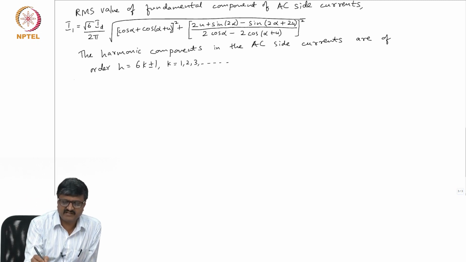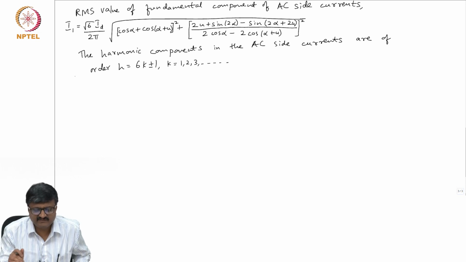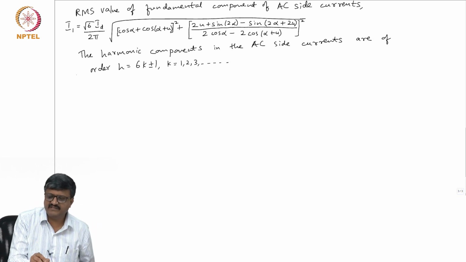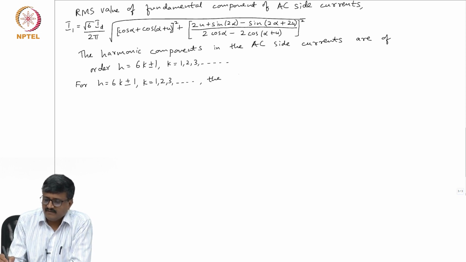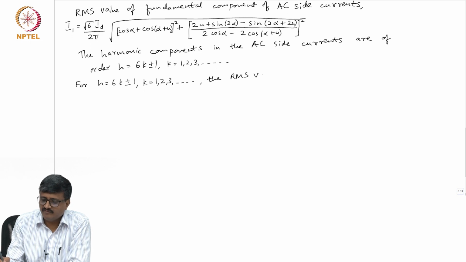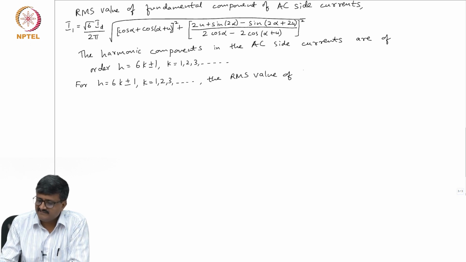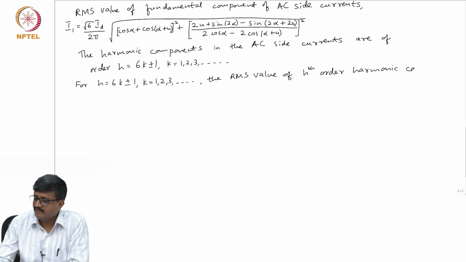So, what is the expression? Again, you have to apply Fourier analysis to get the expression for the RMS value of the harmonic component. So, for H equal to 6k plus minus 1, k equal to 1, 2, 3, so on, the RMS value of Hth order harmonic component in AC side currents.